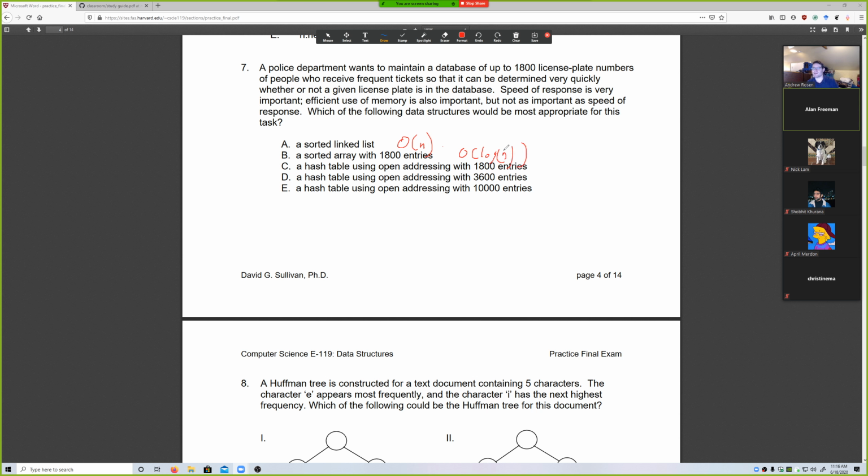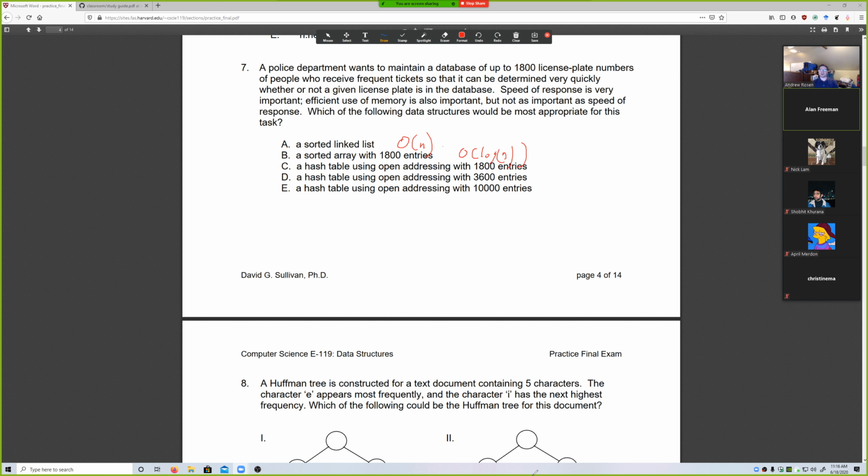Because we can look at the middle item and say, is it less than or greater than, and cut half the items out of our search. In terms of memory usage, this is the best memory usage we can get, because it's just using an array. If we just wanted to balance speed and memory usage, the array would be best, but we want speed to be the most important thing.